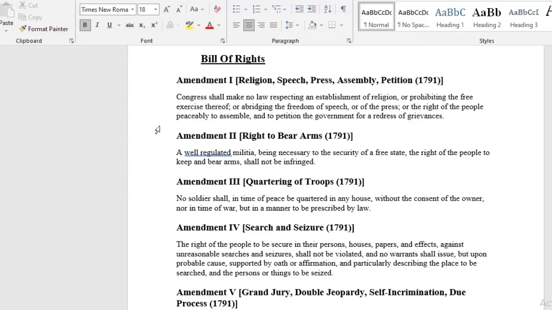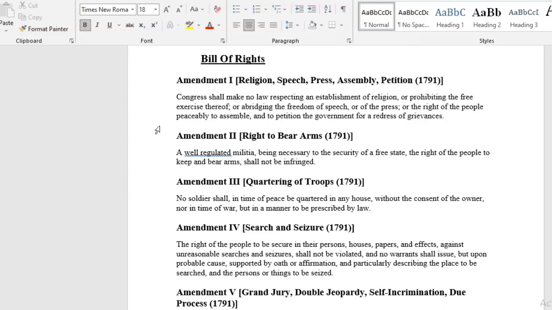So the First Amendment deals with religion, speech, press, assembly, and petition. And the First Amendment is one of those that gets a lot of attention and a lot of talk because there's a lot there. There's only one sentence, but boy, does it pack a wallop as far as how many rights are enumerated there.